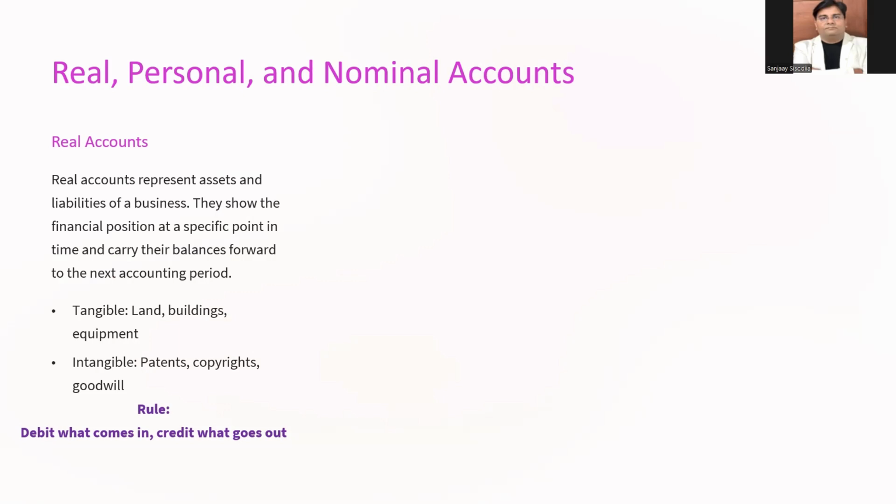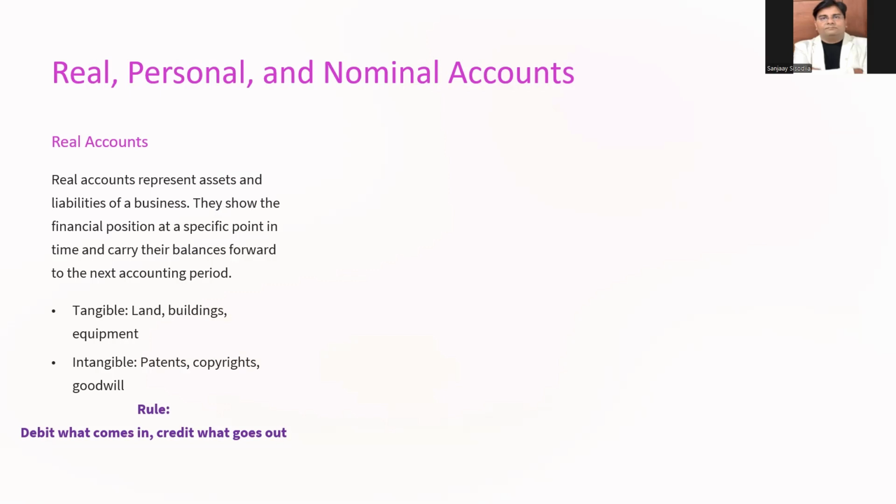This can be tangible, like land, building, equipment, etc., or intangible: patents, copyrights, goodwill, etc. The golden rule of accounting that is applicable for real accounts is: debit what comes in and credit what goes out.